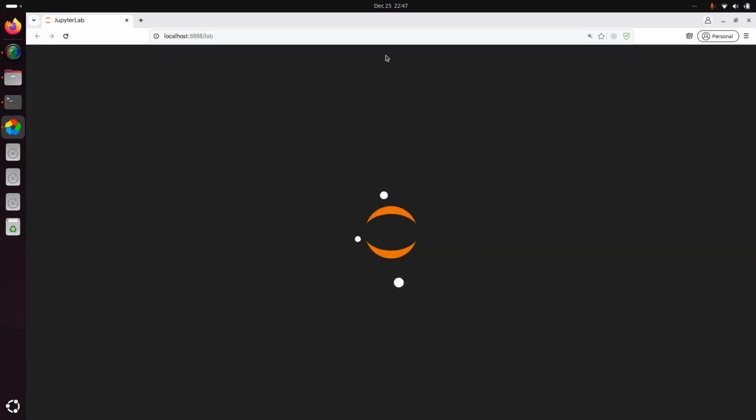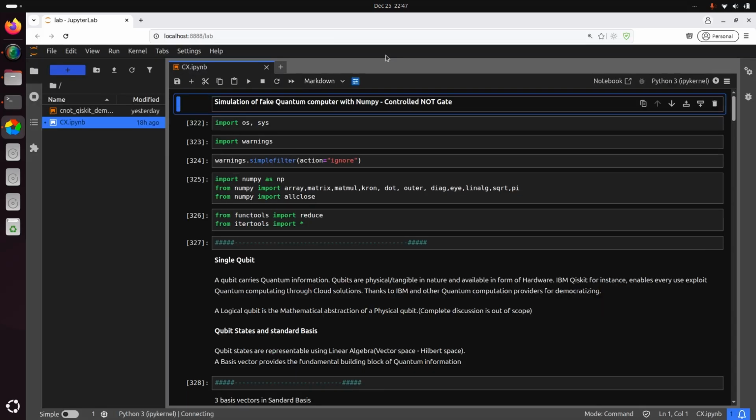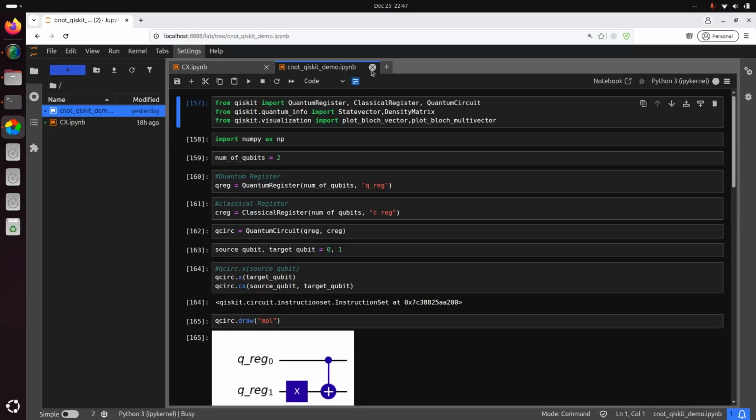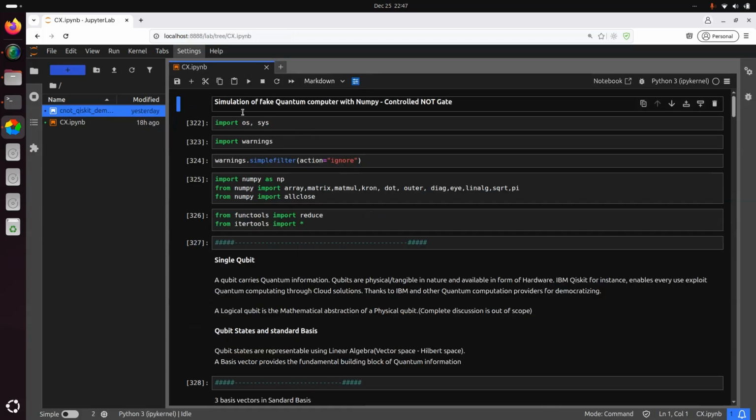And here we go. So the CX IPython notebook has the NumPy code, and this is Qiskit. I'll first demo the NumPy, followed by Qiskit.